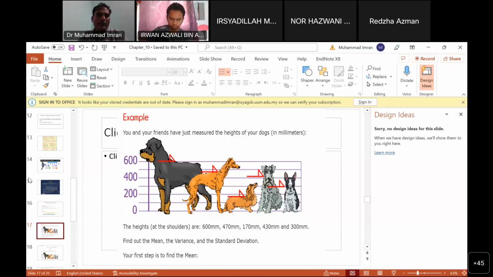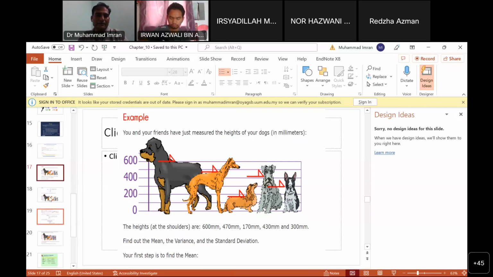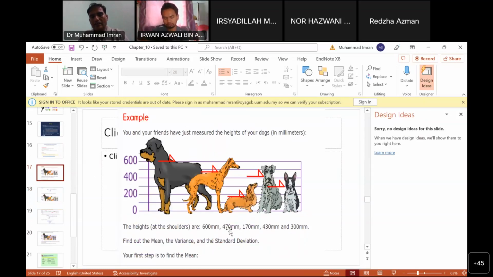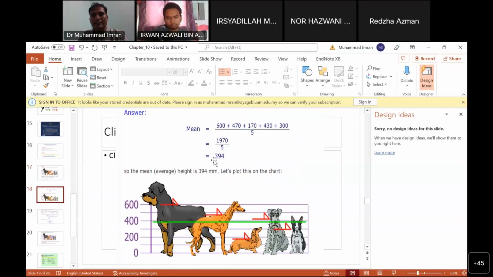Let's see. Now we are going to calculate with the example. Here is the mean: 600 plus 470 plus 170 plus 430 plus 300, divided by 5. See here, the calculation: 394 is the mean. The average height is 394.